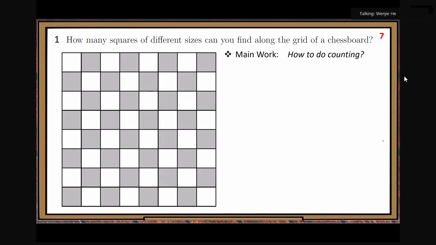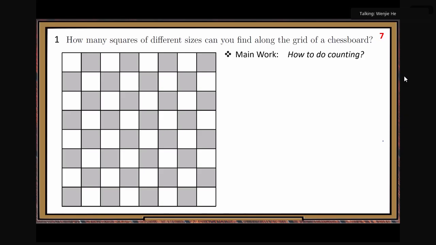The time we spent is not wasted, because we understand our problem much better. After a lot of mental work in understanding, now we feel we are ready to do the counting.